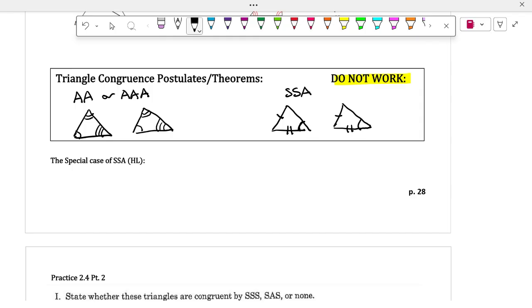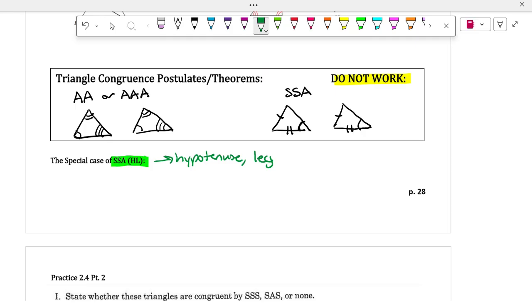Now, here's the only special case of SSA, and that is HL, which stands for hypotenuse leg. So, the only way that SSA works to prove congruency is if you have a right triangle.